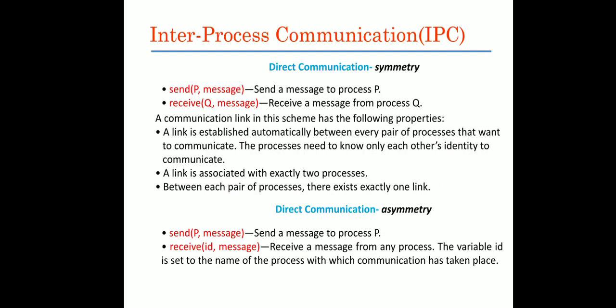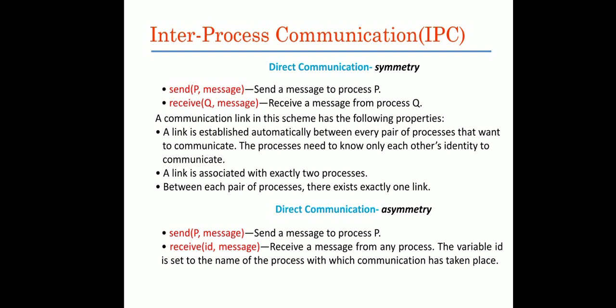First we will see direct communication. In direct communication, again we have two types, symmetry and asymmetry. In symmetric direct communication, we again use the send primitive and the receive primitive. The send primitive takes two parameters, and receive also takes two parameters. The first parameter in send says to whom you are sending the message, and the second parameter specifies what message you are sending to the receiver.